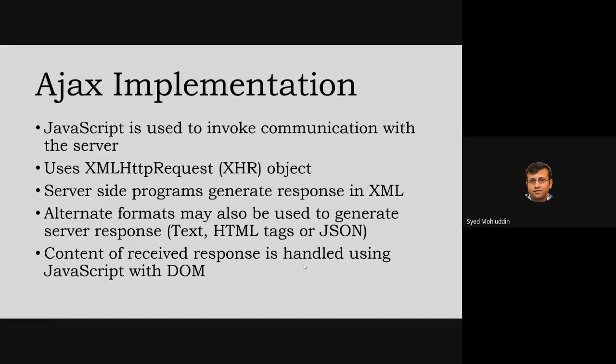So when we get the data back, we have to process it using JavaScript, that is, extract content from the XML data which we received, and then using the DOM, that is using a particular tag, we update the content belonging to that tag. That is why JavaScript with the document object model is used to handle the responses which are received.